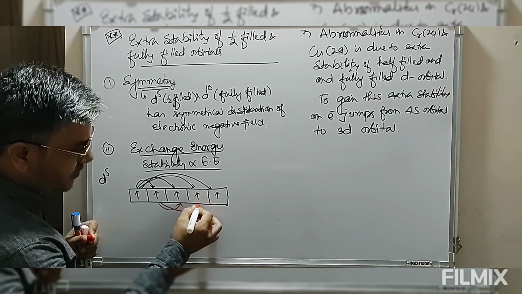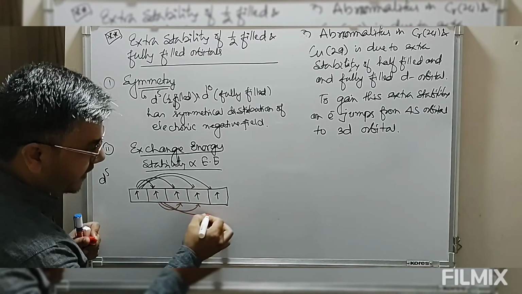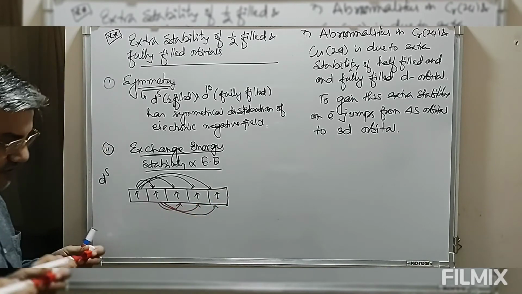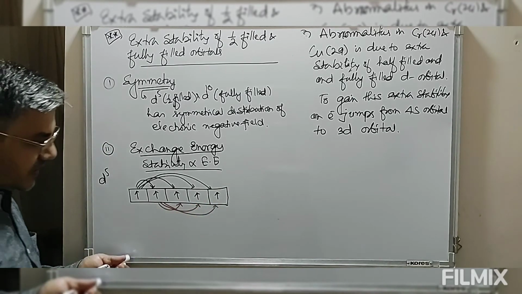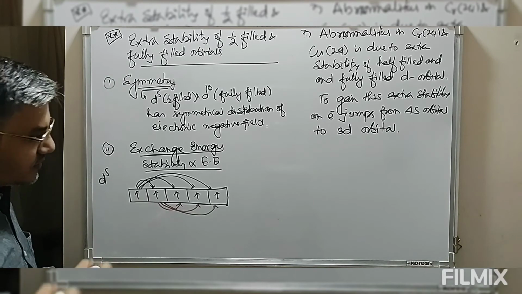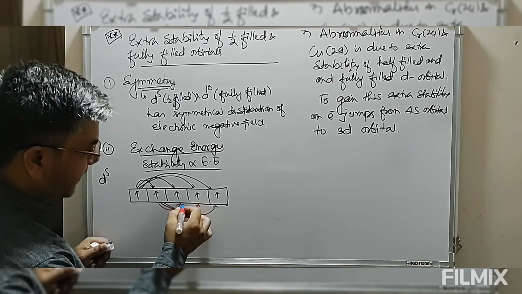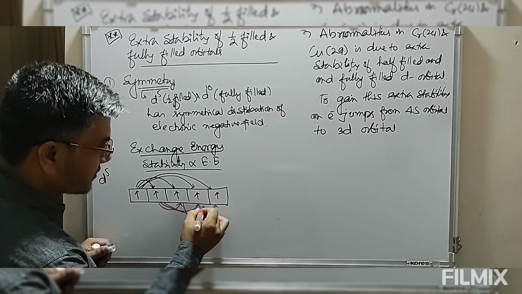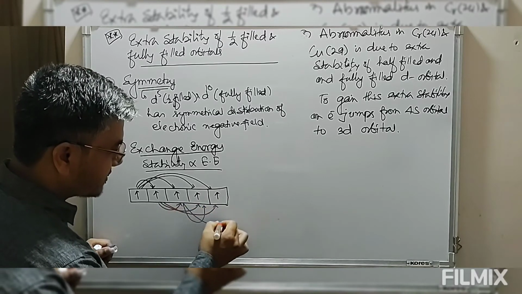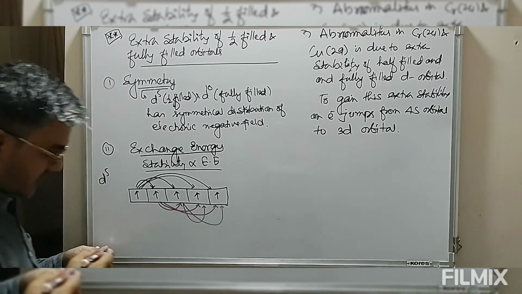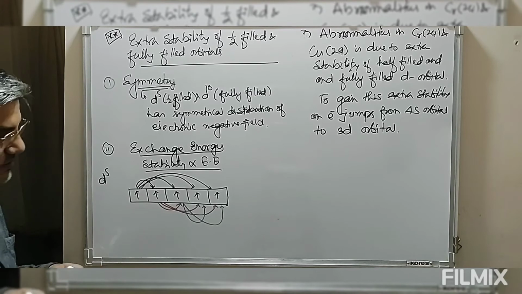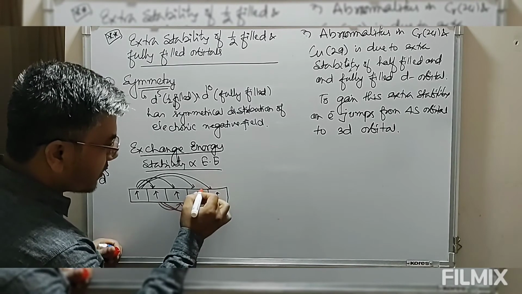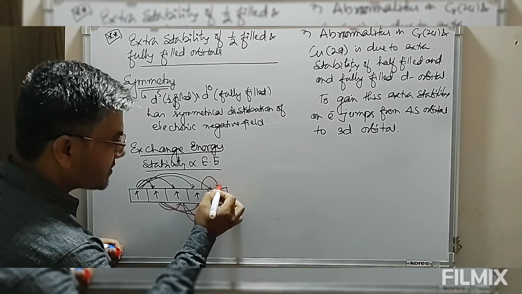This can exchange with this. This can also exchange its position with this electron. Similarly, this electron can exchange its position with this electron. This can also exchange with this electron, and this electron can also exchange its position with this electron.